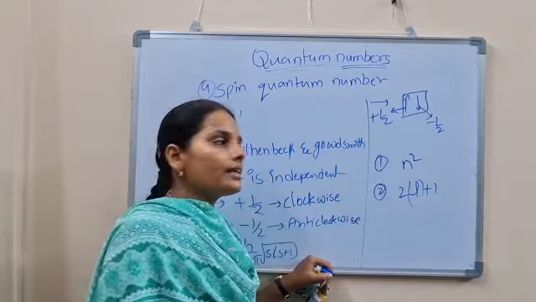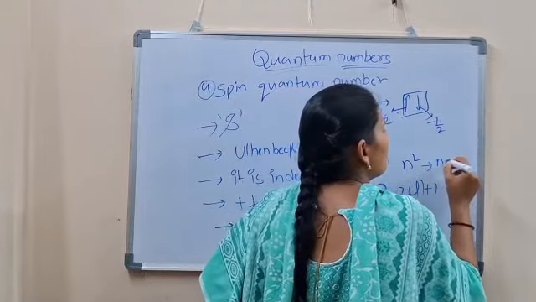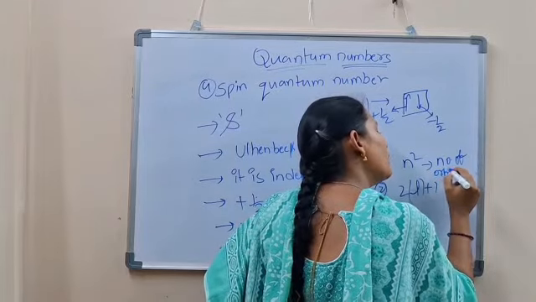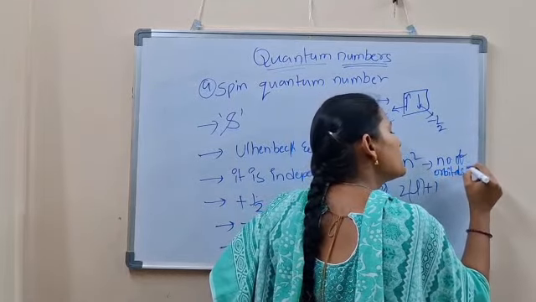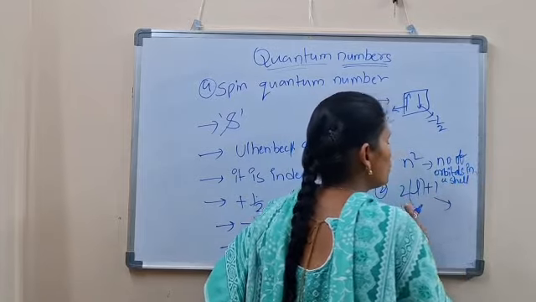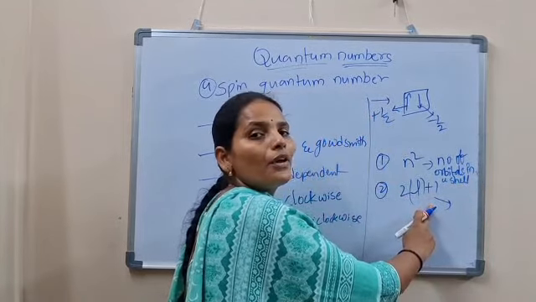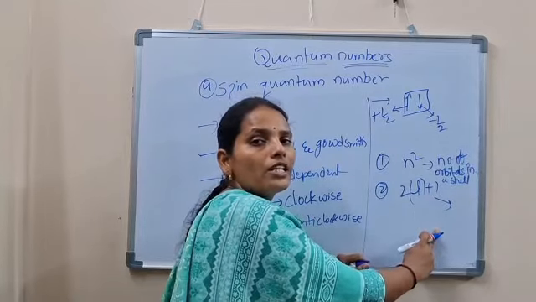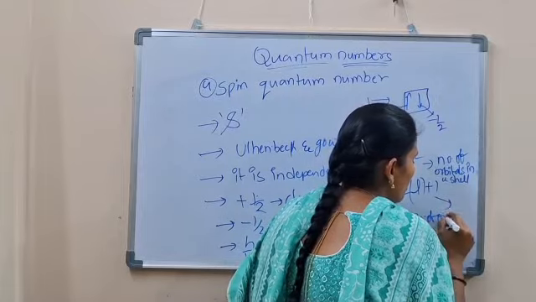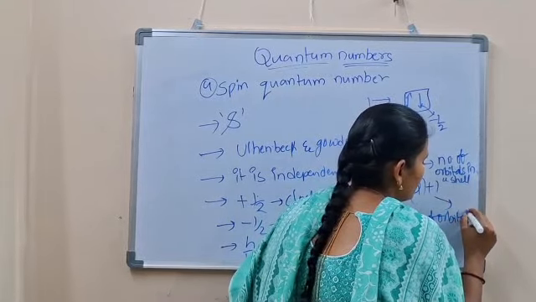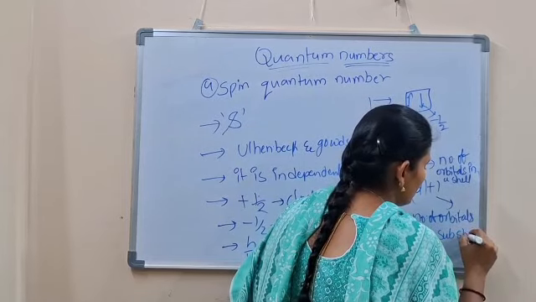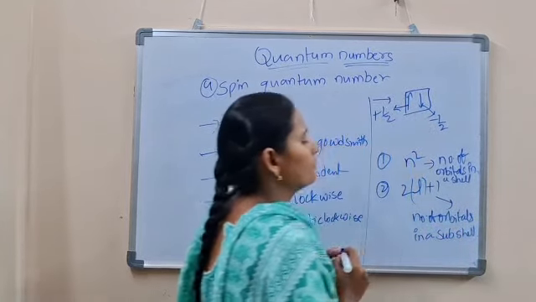Okay, here n square is the number of orbitals in a shell. Here 2l plus 1 is the number of orbitals in a subshell.